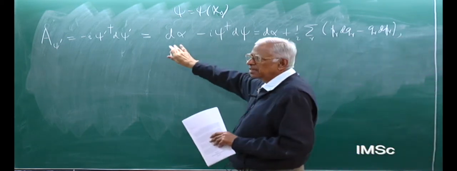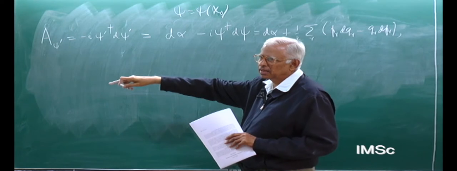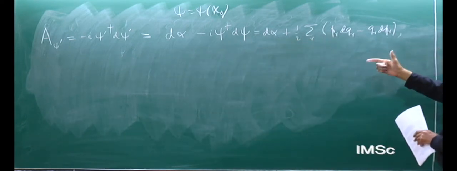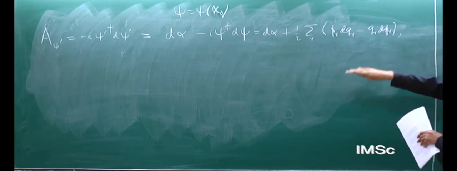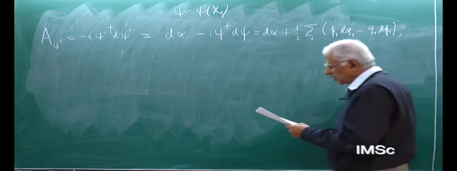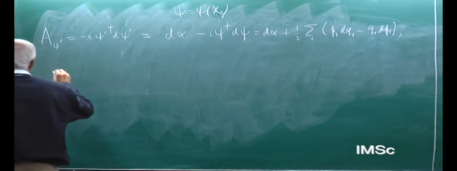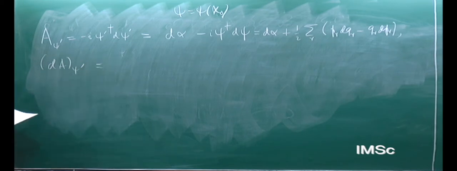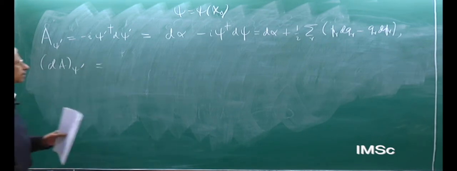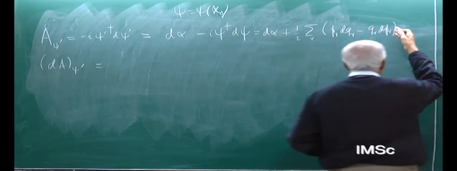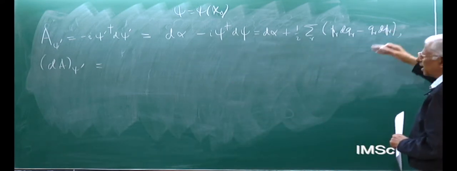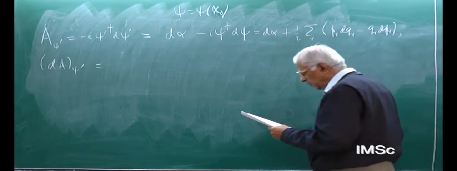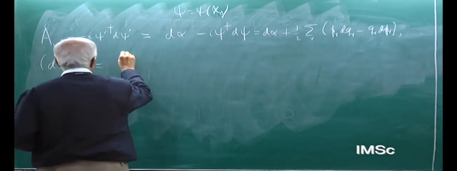There is a piece coming from the phase factor, d alpha. And then this is the contribution from the orthogonal part, the chi 0. So it has this form in terms of q's and p's. It looks so much like classical mechanical phase space expressions. It's simple to calculate and get this result. I'm not saying it is trivial. You have to do a little bit of calculation. Okay? So I will leave it to you to do that.